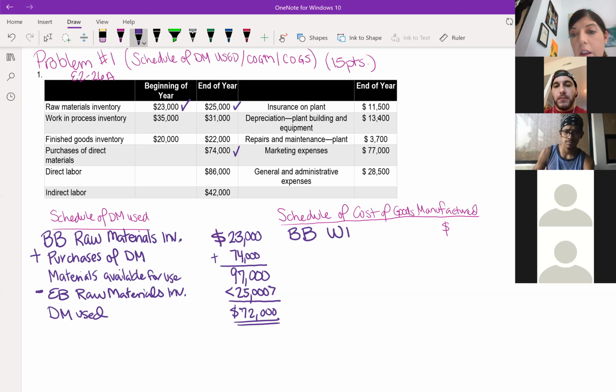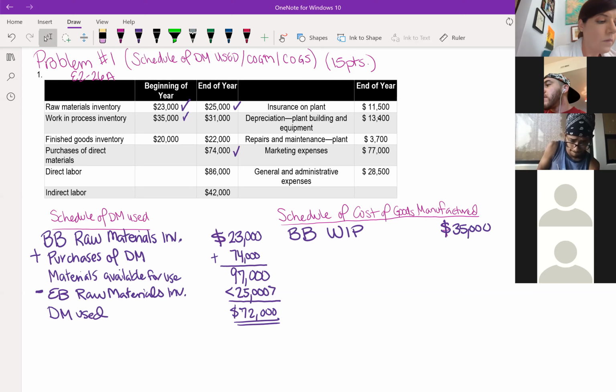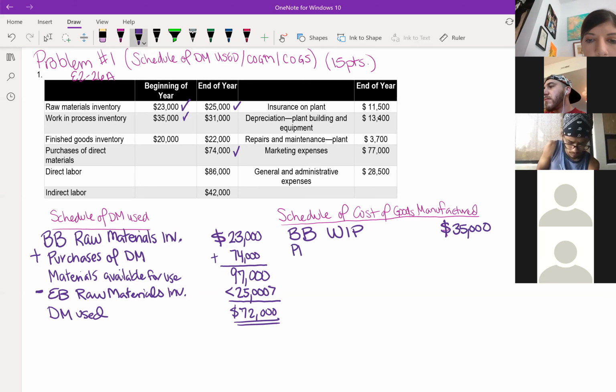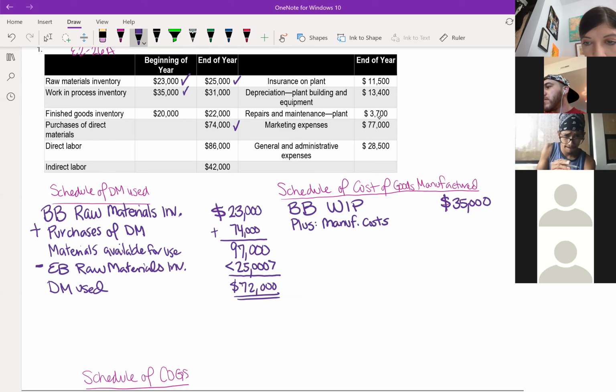We started the year with a beginning balance of 35,000 in work in process. And then we're going to add in plus manufacturing costs incurred. And that's just kind of a title.